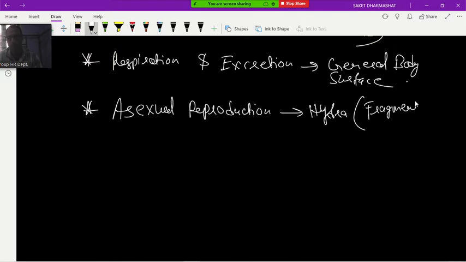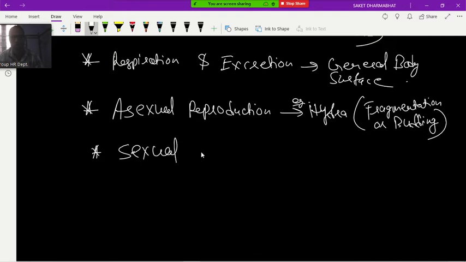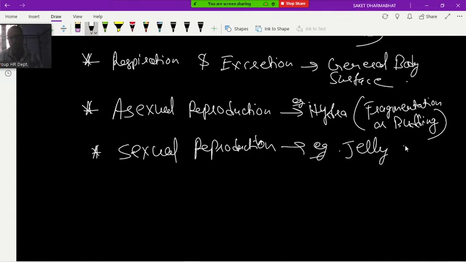Both, sir. Fragmentation. Asexual reproduction takes place, example hydra. Now sexual reproduction is also taking place. That is, jellyfish? Yes, very good. Jellyfish. And all are what? Hermaphrodite, except Hydra.